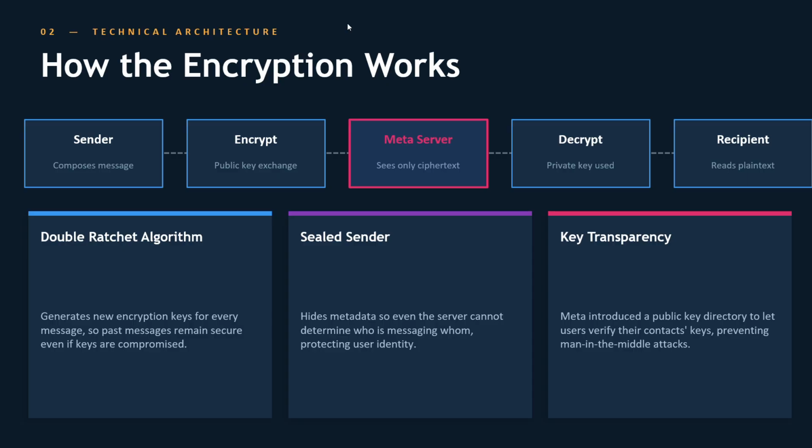This hides the metadata, so even the server does not know who is talking to whom. And third, key transparency. Meta introduced a public key directory where you can actually verify that you're talking to the right person, preventing what's called a man-in-the-middle attack. These three layers together create an extremely robust system.